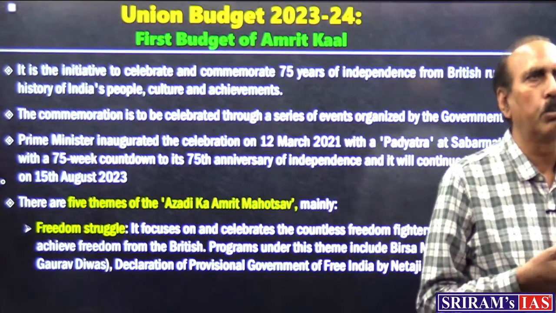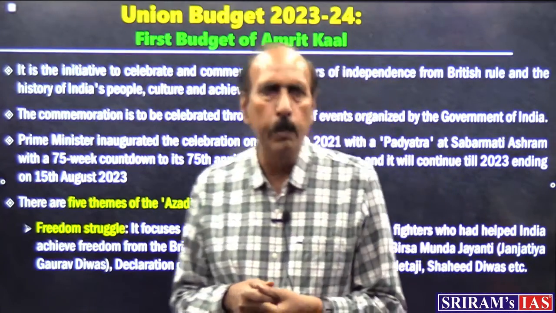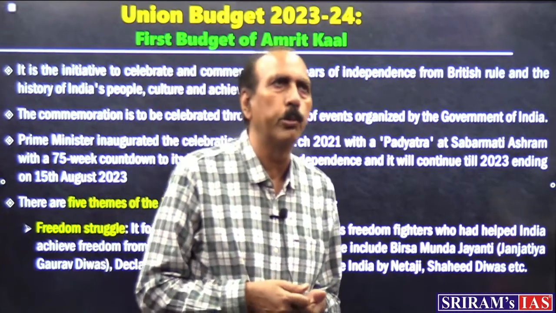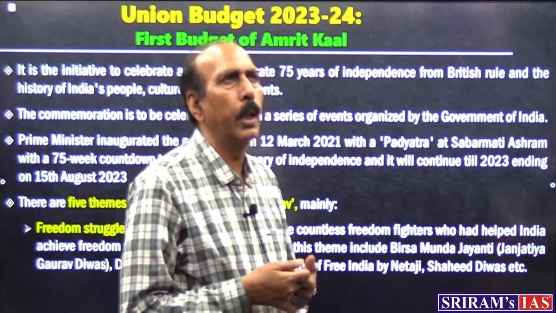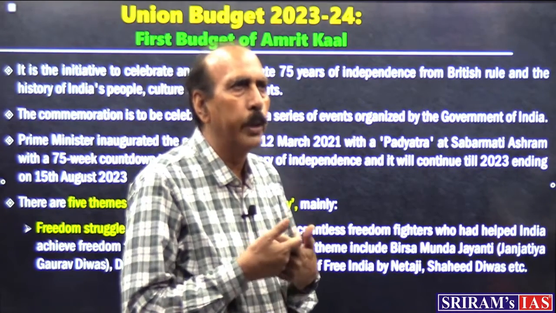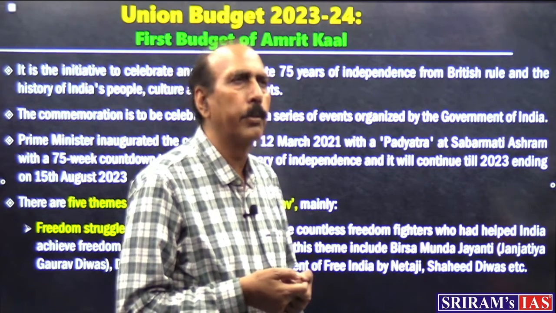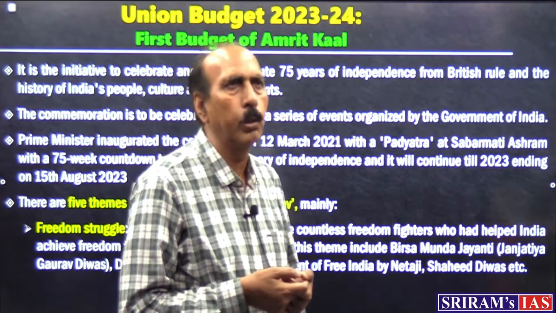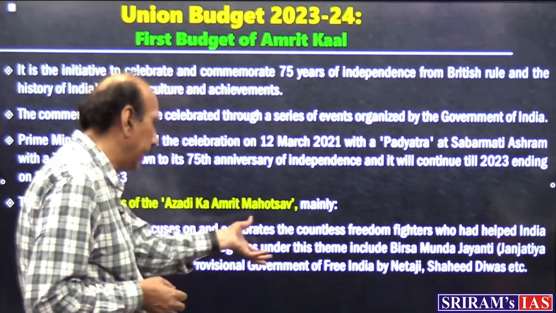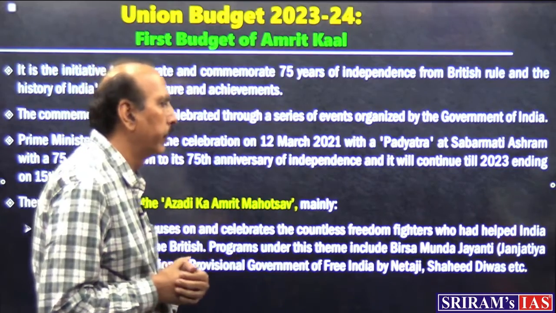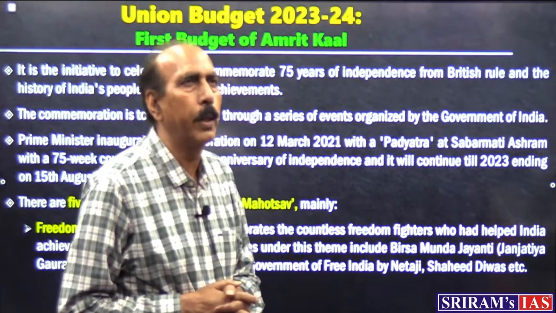And during these 75 weeks, he wants that the people in groups or institutions or other organizations should highlight the role of various freedom fighters in the struggle of independence. They should highlight the role. And therefore, he said this is the first celebration we have to make.